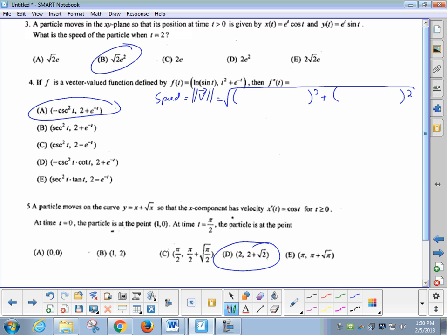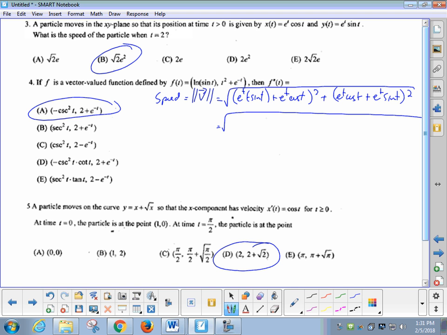X prime is e to the t negative sine t plus e to the t cosine t. Y prime is e to the t cosine t plus e to the t sine t. Boom. Almost there.